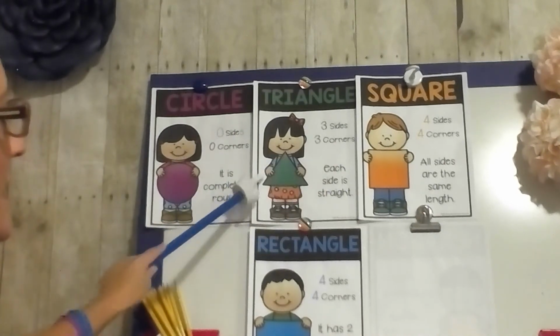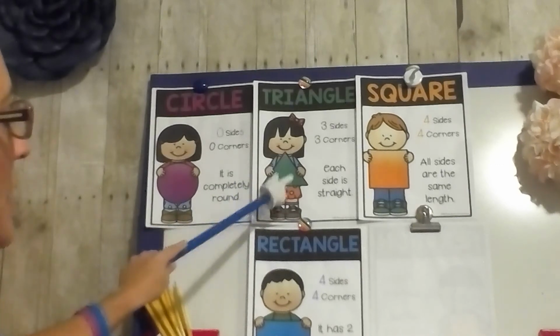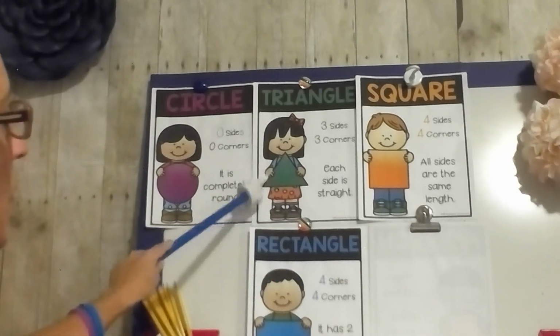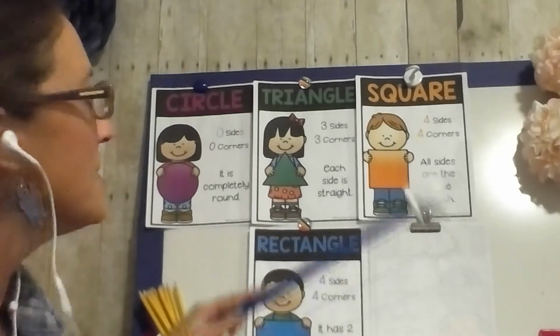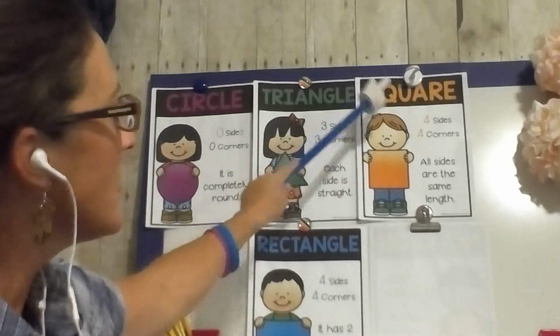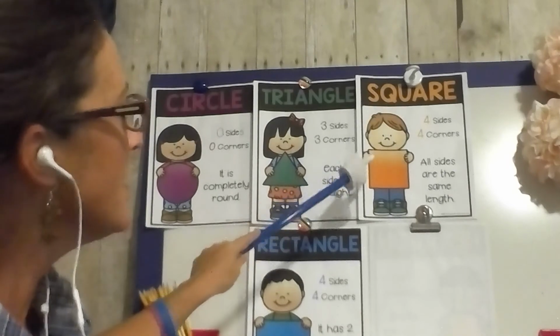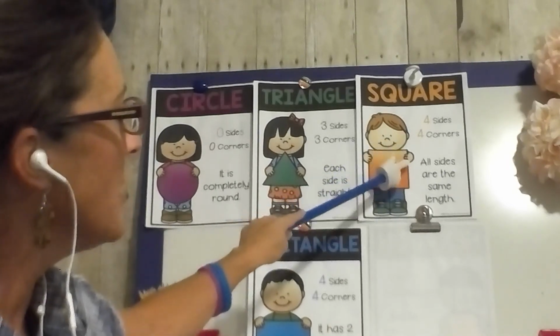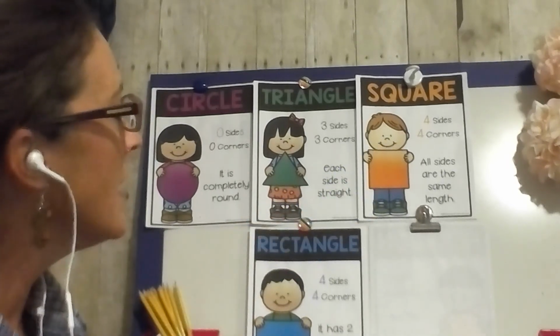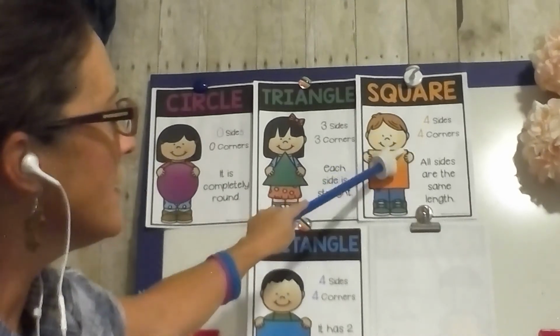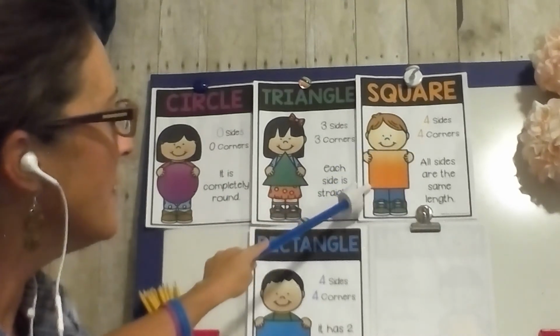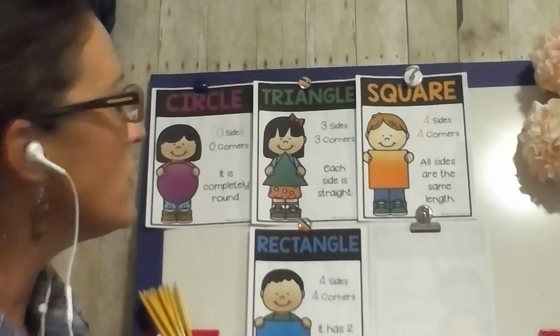So 3 sides, 1, 2, 3, 3 corners, 1, 2, 3, and each side is straight. A square has 4 sides, 1, 2, 3, 4, and 4 corners, 1, 2, 3, 4, and all sides are the same length.